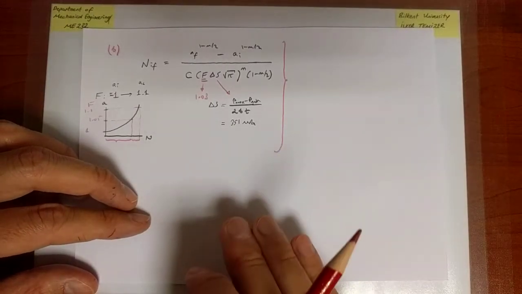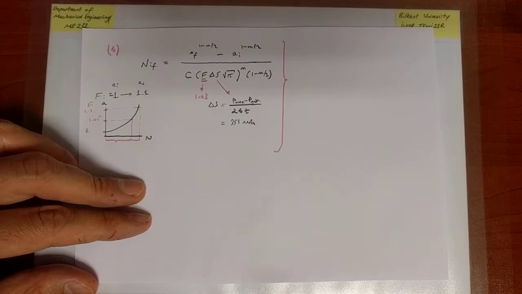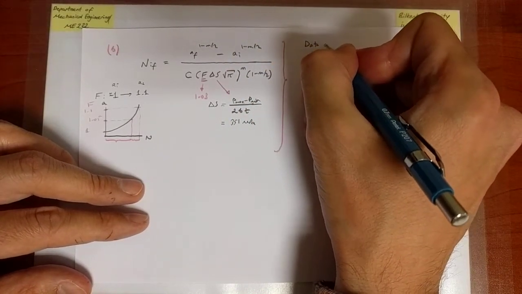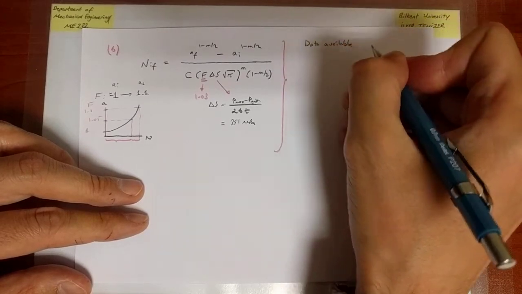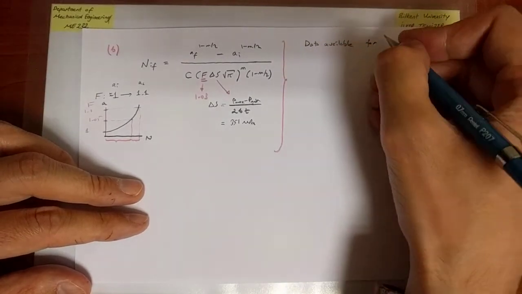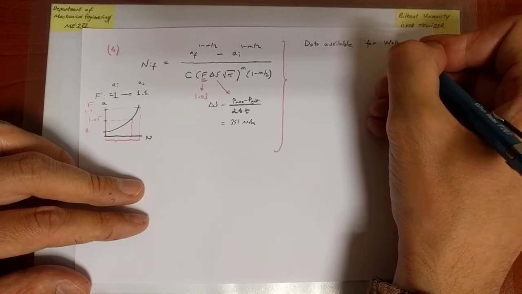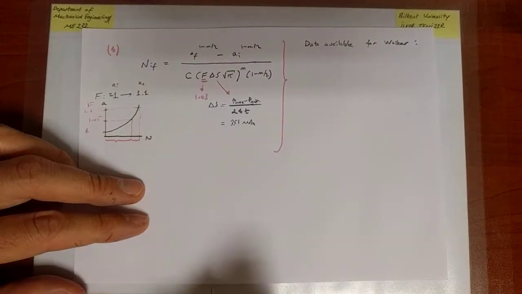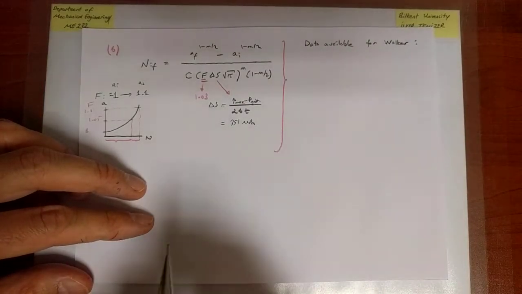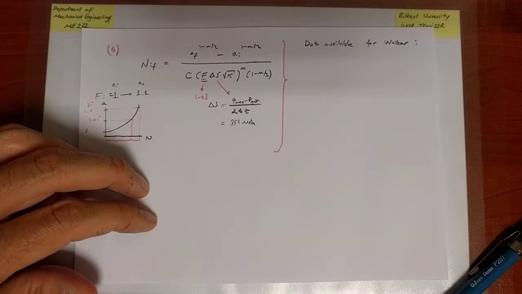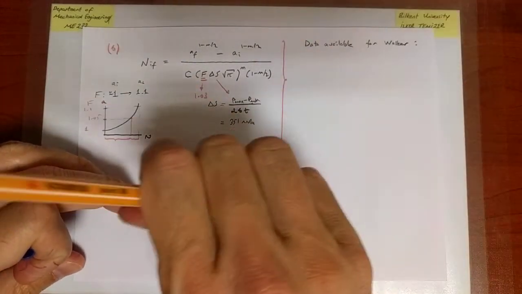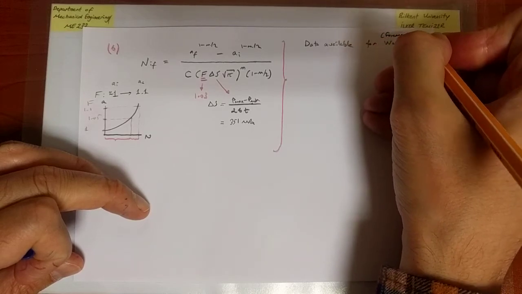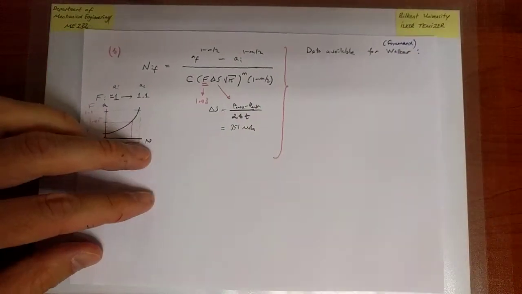But in this case, it turns out we don't have data available for Foreman. We have only data available for Walker. So we're going to be able to make a prediction and hope that it is valid within the safety factor. We're going to be able to make a prediction through Walker only. So data available for Walker. Although Foreman makes more sense, so let me note here that we just don't have Foreman in this case. Okay, a cross for Foreman.